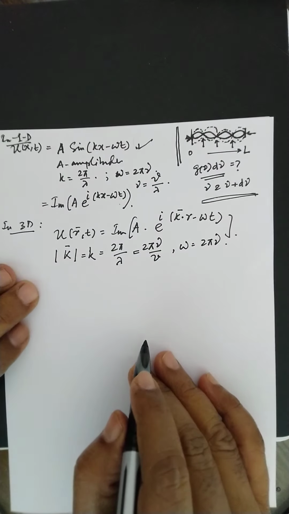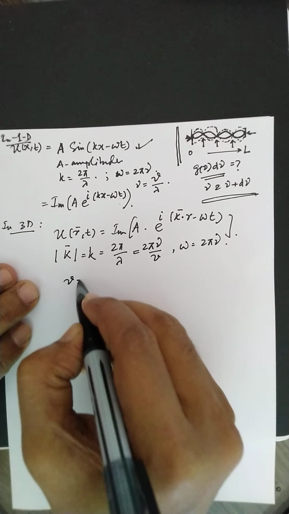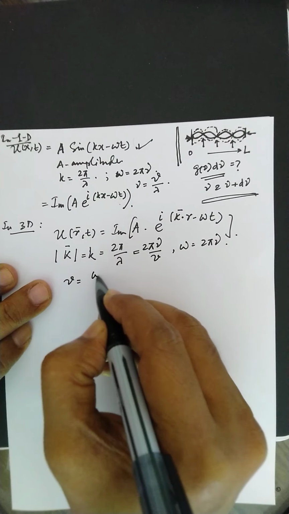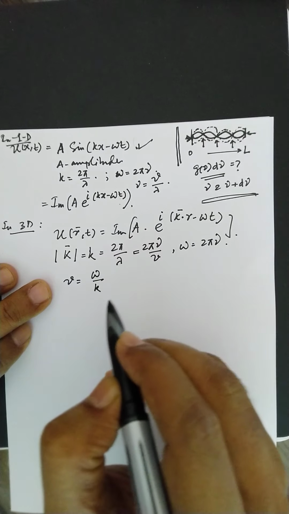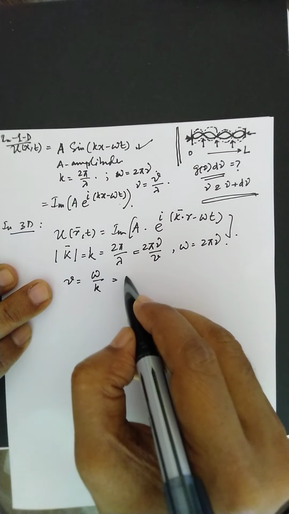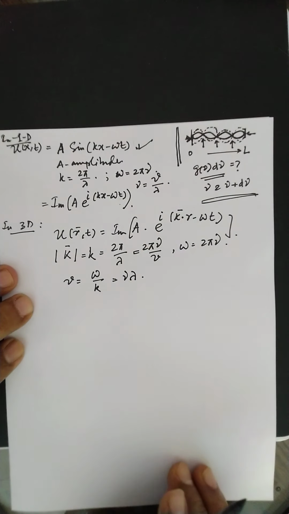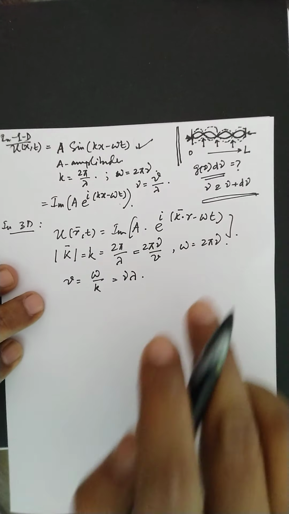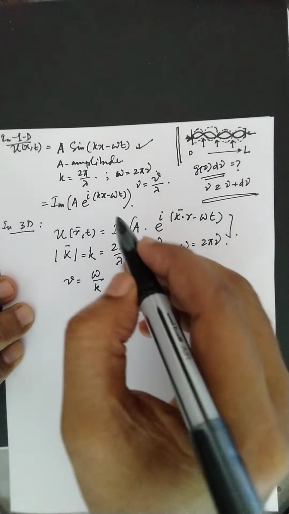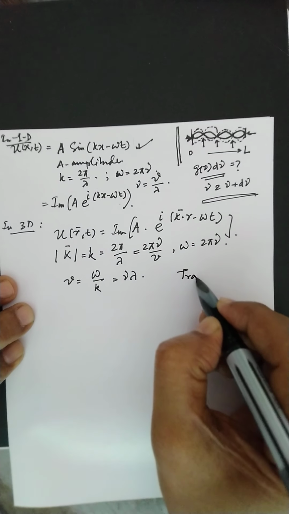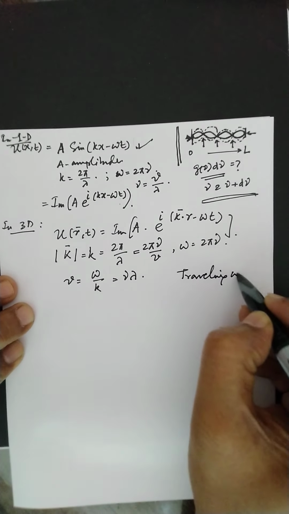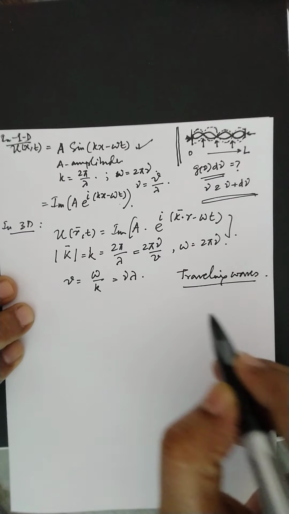The velocity of the wave v may be represented as omega by k, which is essentially nu lambda. So these are the relationships, and this is the representation of a three-dimensional traveling wave.